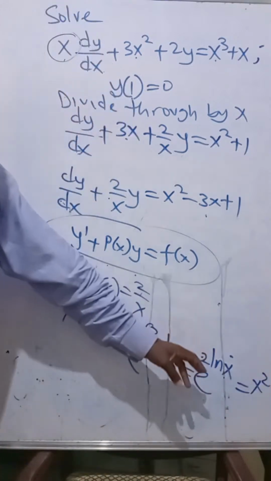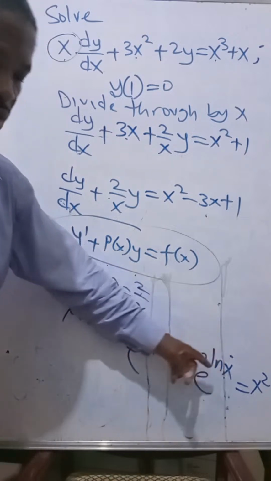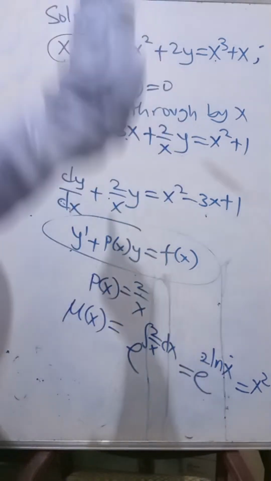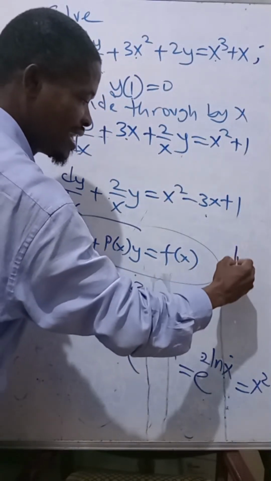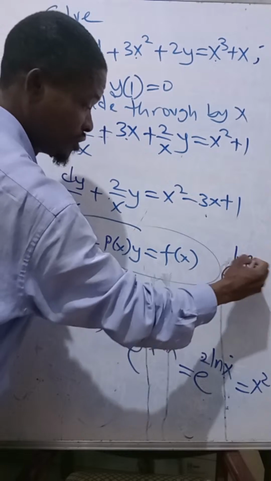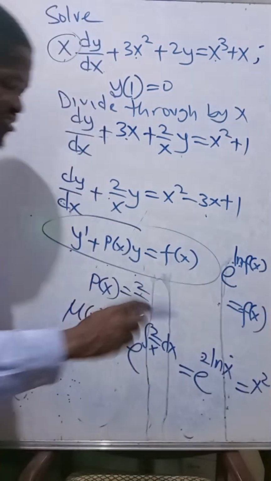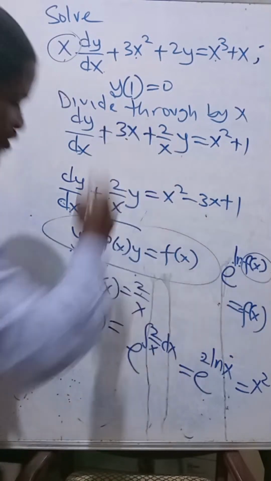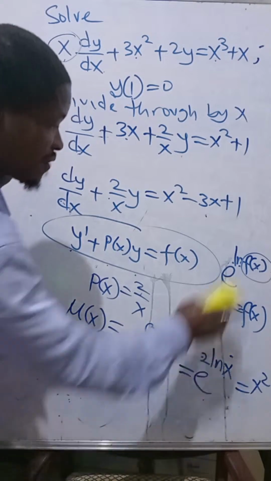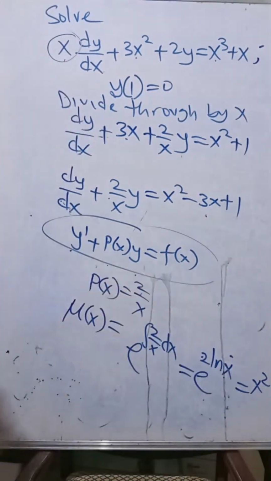I think I've explained that in the previous examples. Anytime you have e to the power of the natural logarithm of a function, it gives you the function. That is the integrating factor.